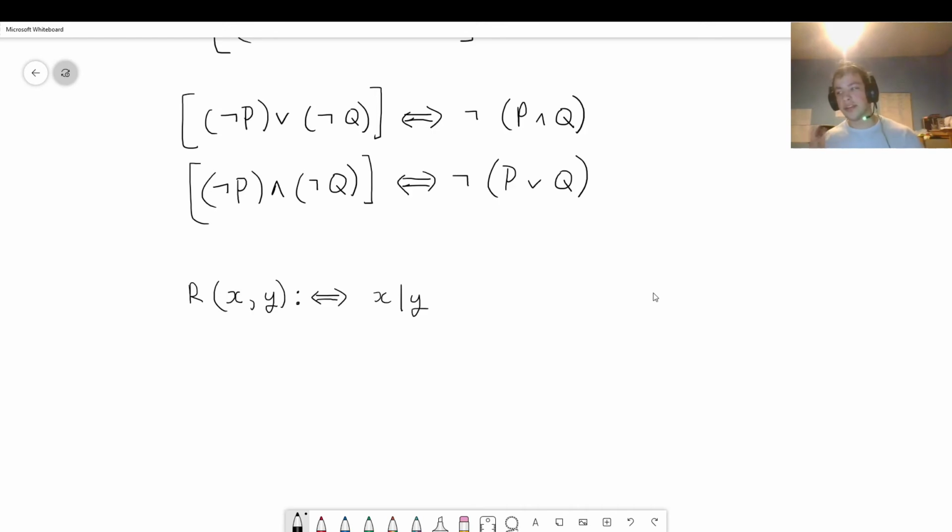Okay, so that's a predicate of two variables, and a predicate of two variables we usually call a relation, and we usually replace the letter in front and the variables in brackets with some symbol between the letters, and in this case that symbol is this pipe for divides. So we usually write x, then the symbol, then y.